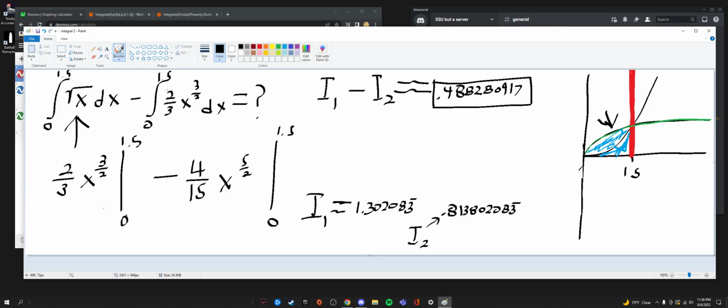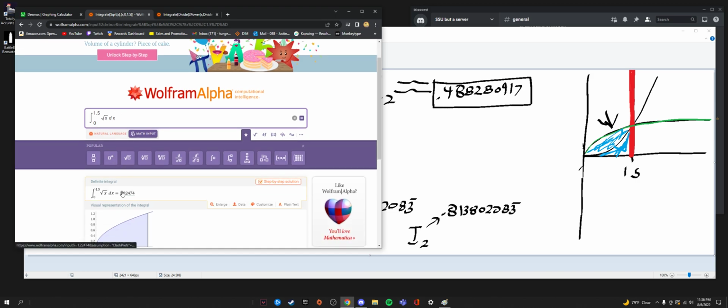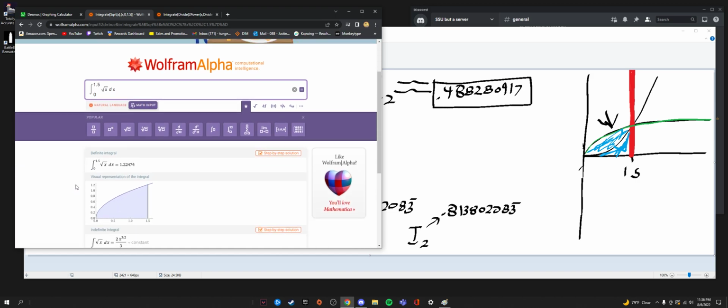Not a super satisfying result, considering it's not a lot of calculus, a lot of number crunching and just using a calculator. Which is why, with Wolfram Alpha open, we have the actual answer. Our first integral, I sub 1, is 1.22474.